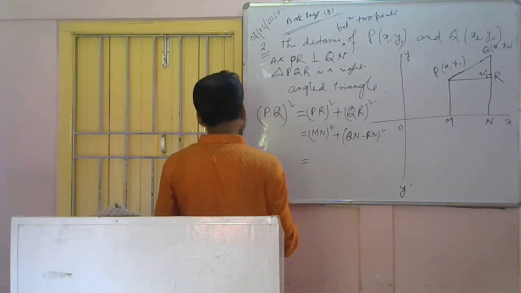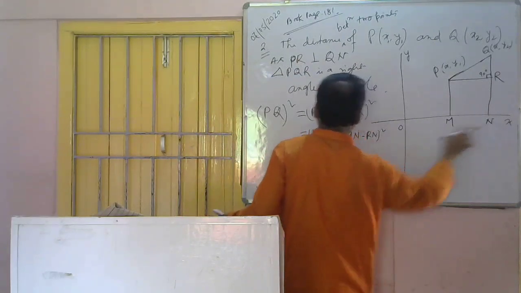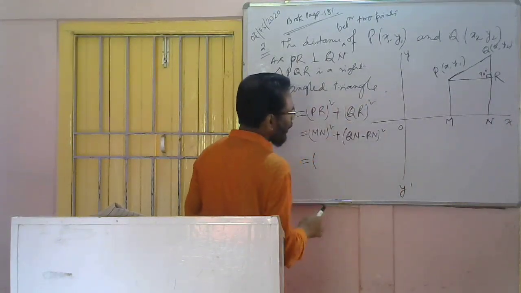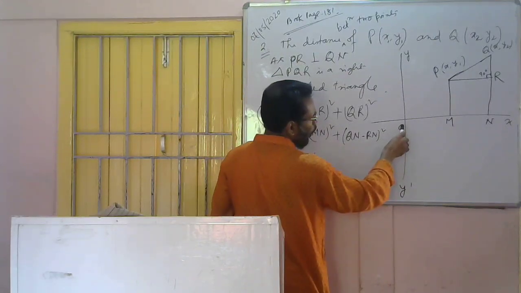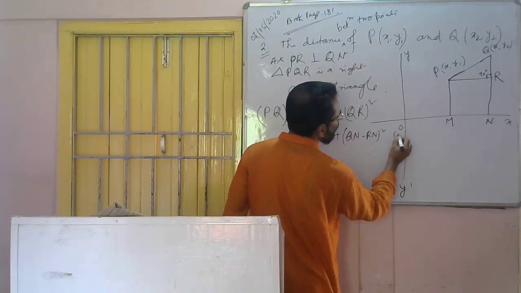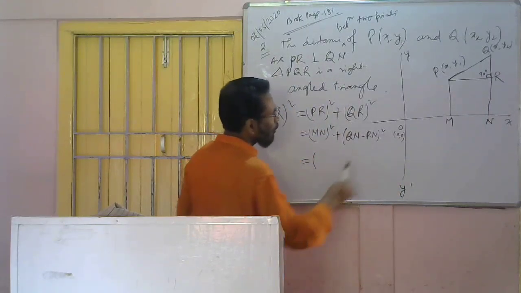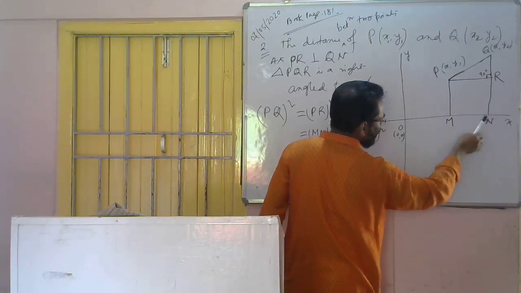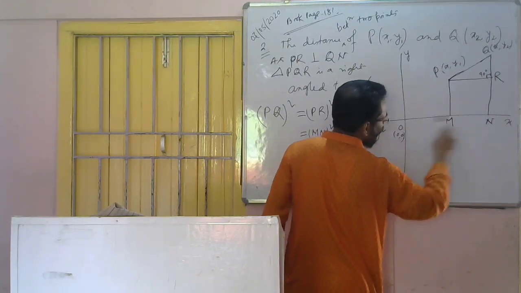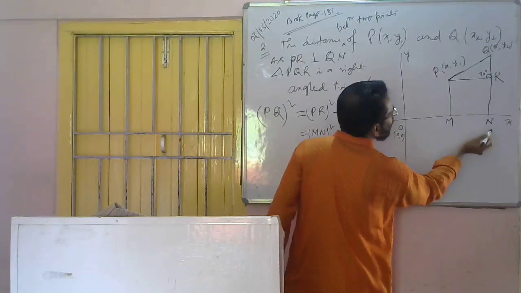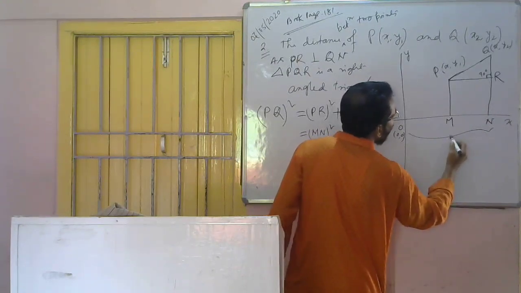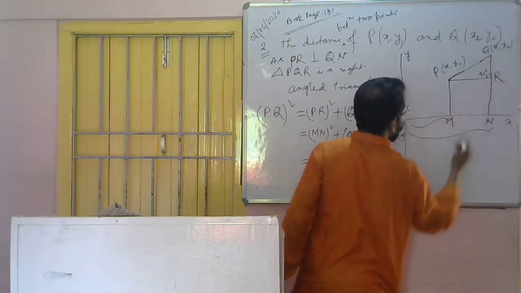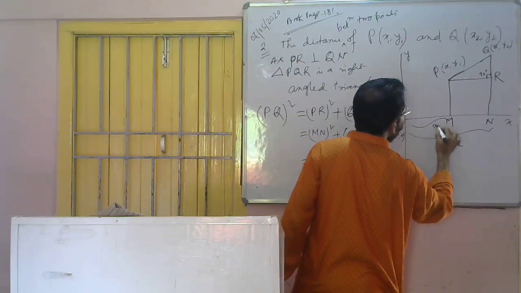Now what is MN? Starting from the origin, which is 0, 0, if we subtract the distance OM from ON, this one is our x2 and this one is x1.